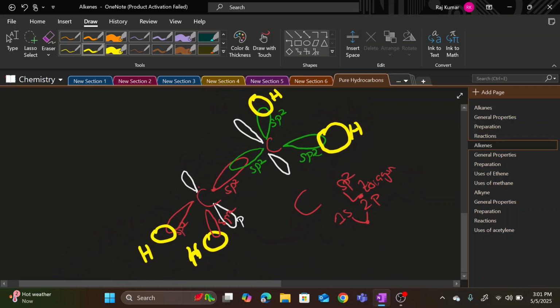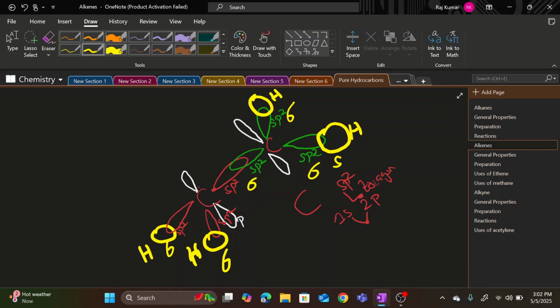Now there is one sp2-sp2 bond which is a sigma bond. There is an sp2-s bond, another sp2-s bond, which is again a sigma bond. These are all sigma bonds. But there are two p orbitals which form a single pi bond.